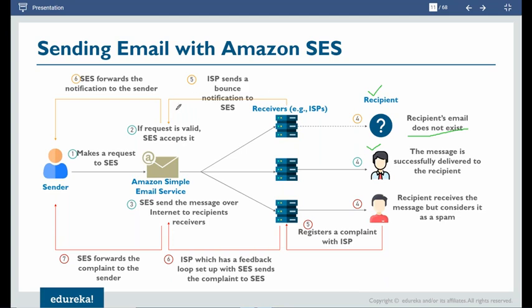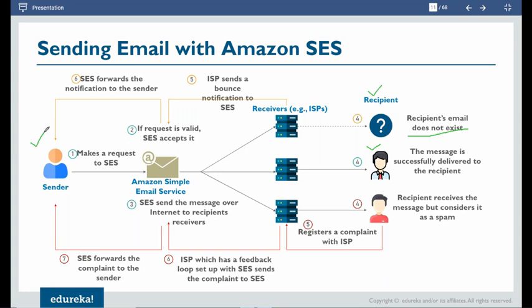Then SES will send you a bounce notification telling you that this user's email address is either wrong or this mailbox does not exist. Please remove this email address from your database.